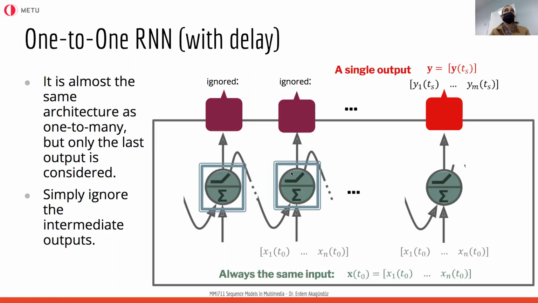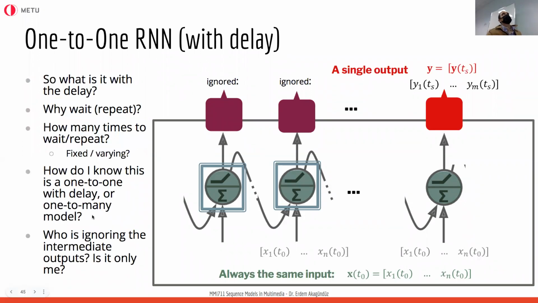So no loss will be coming from this part, but loss will be coming from this part to train. But in the one-to-many model, it will be taken into consideration. So it's quite a big difference, guys, because it will affect all the training and all your gradient flow. So it's almost the same architecture, but we simply ignore the intermediate outputs.